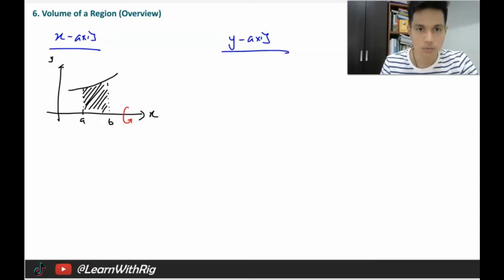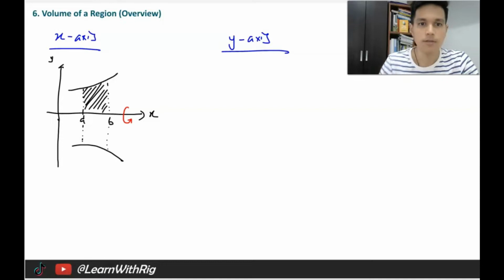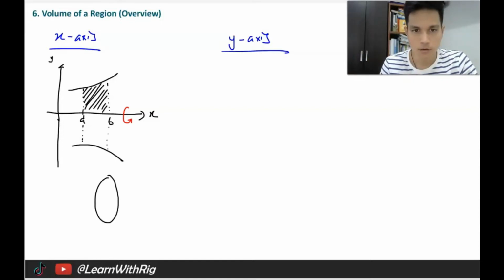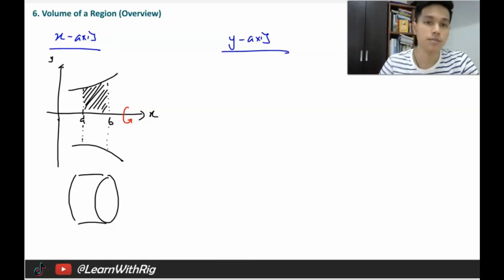What you expect to see is something like this, right? It goes around, so in the end you will see a volume, what is this, a cylinder, correct? It's a volume because it's going around the x-axis.